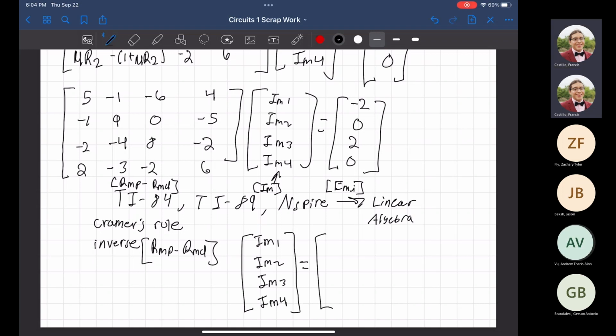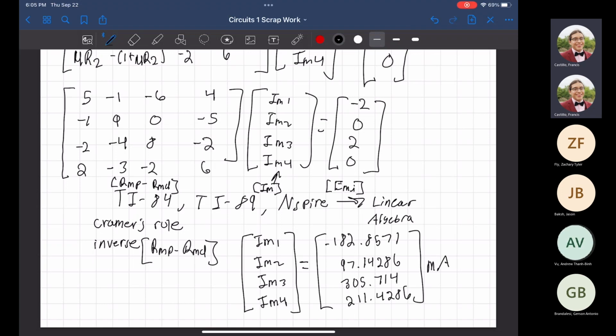This is what you should get. 132, 182.8571, 97.14286, 305.784, and then 211.4286. All of this is in milliamps.